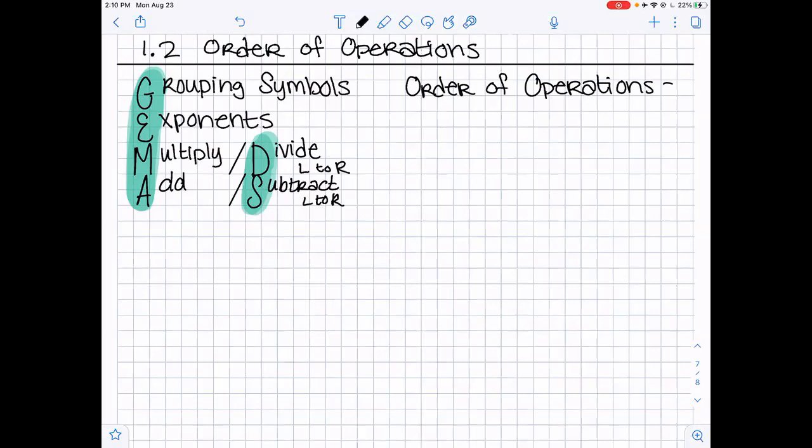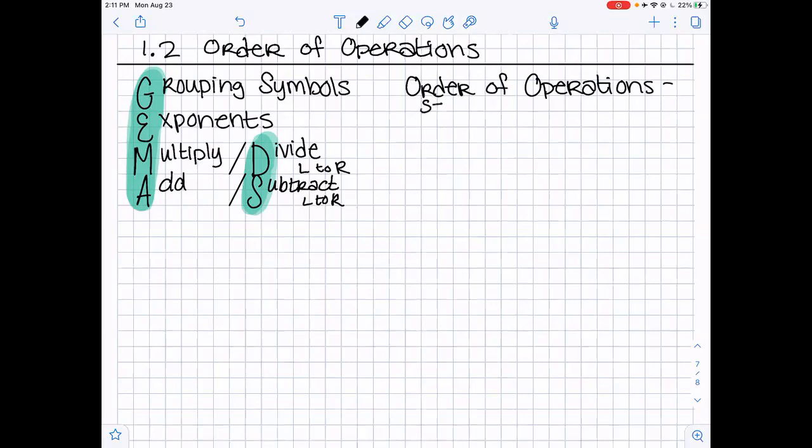Besides the letters we just highlighted, can you describe the order of operations, like what it does? It helps you solve the problem, right?